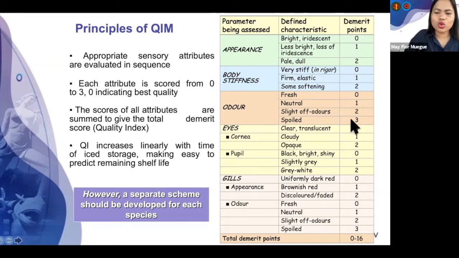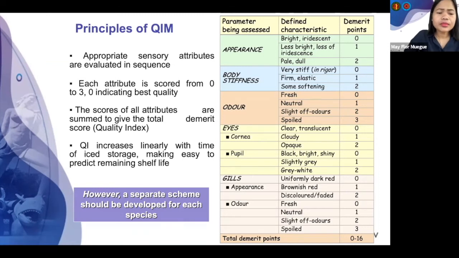Each attribute is scored from 0 to 3, 0 indicating the best quality. Kasi when you say demerit, the higher the value, the lower yung quality. Kasi demerit nga siya, negative. So the scores of all attributes are summed to give the total demerit score. Obviously, the higher the demerit score, the lower is the quality of the fish or the product.